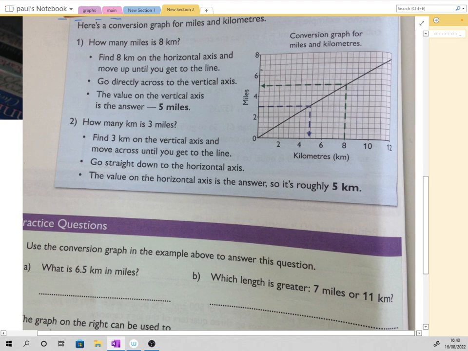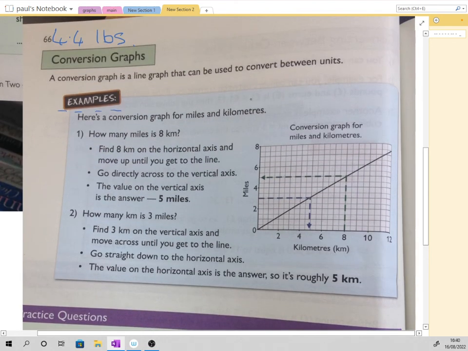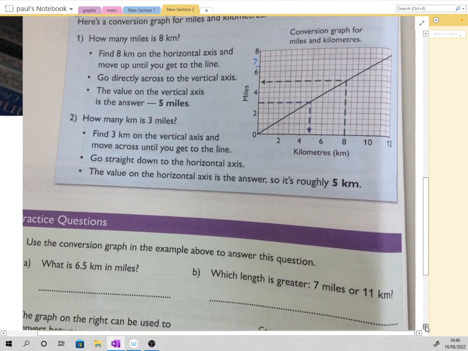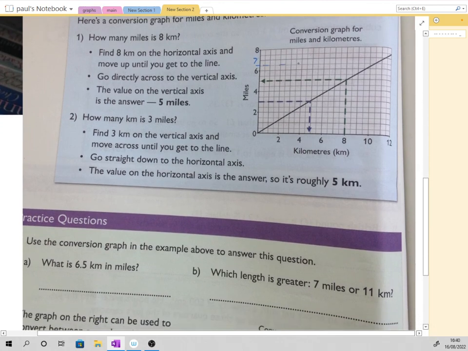Go from 6 to 8 in 4 jumps. So that will be 7 there. So that will be 6.5. So 6.5, go along there till we get to there, and then go down till we get to, that would be 10.5.